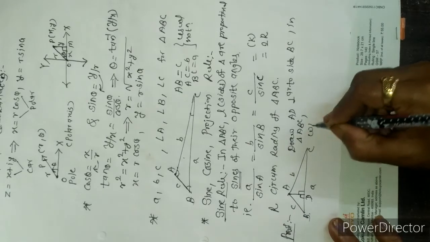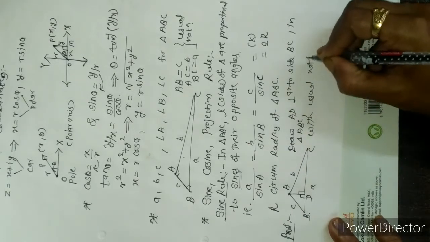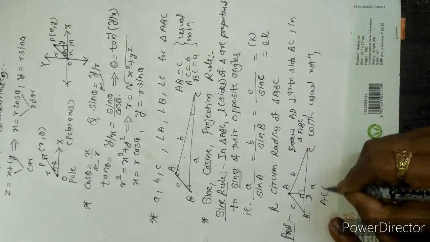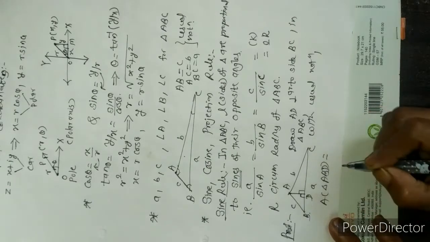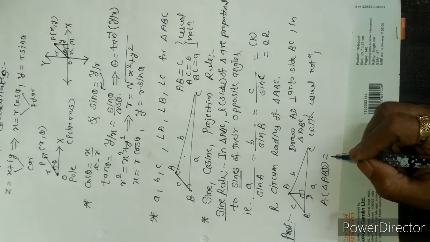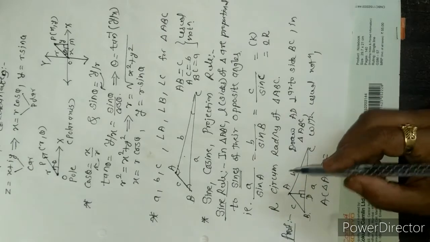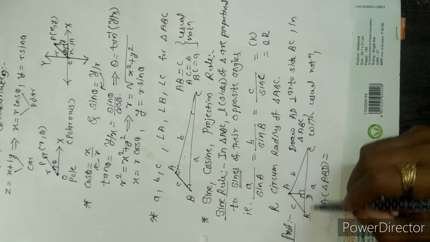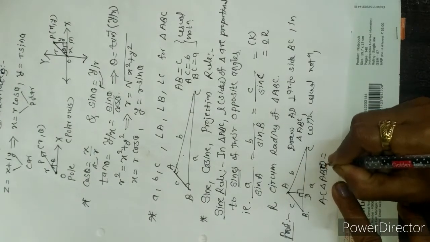Now with usual notation, as already indicated in the figure, we take the area of triangle ABD. The area of triangle ABD is half into base into height, but we take the whole base, and therefore we take the area of the whole triangle ABC.